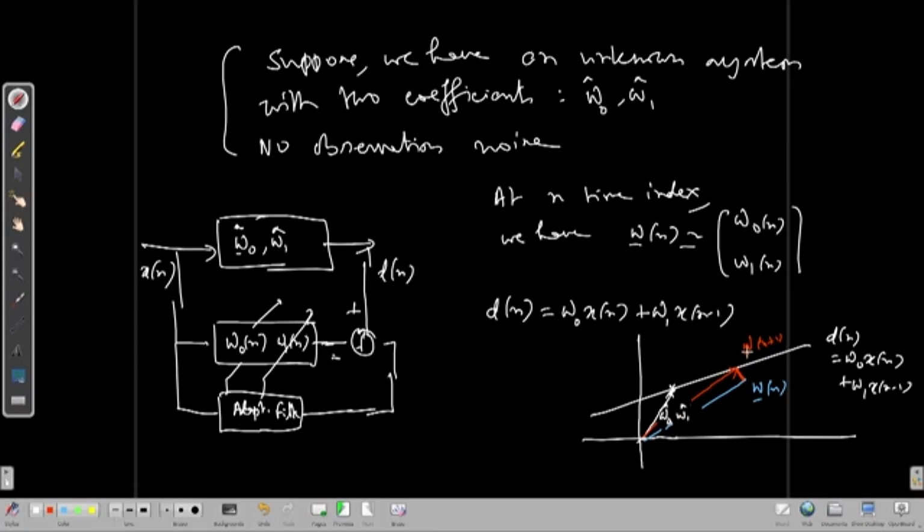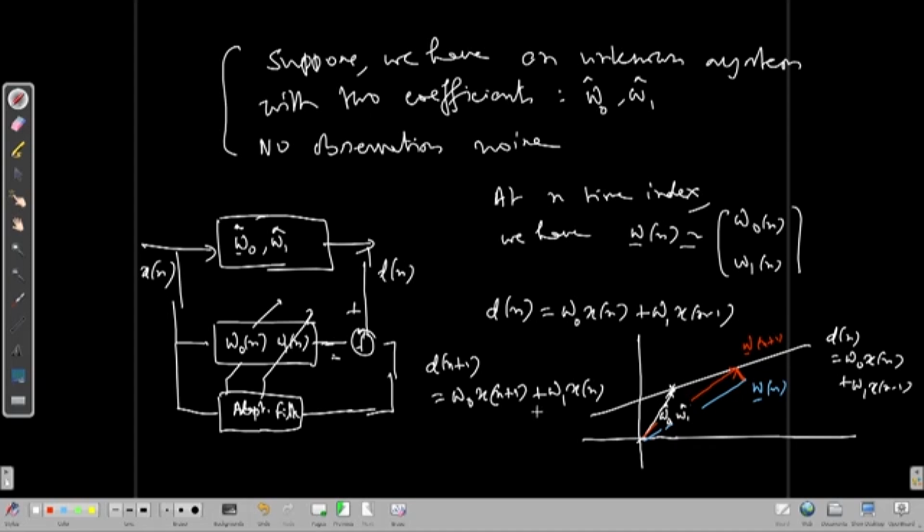So the n plus 1th clock will have another equation, d n plus 1 is equal to W0 x n plus 1 plus W1 x n. You see, here it was x n and x n minus 1, here it is x n plus 1 and x n. So it is a different straight line, the straight line has changed. Okay. So now this is the model at the n plus 1th clock. So this equation will again be a straight line.